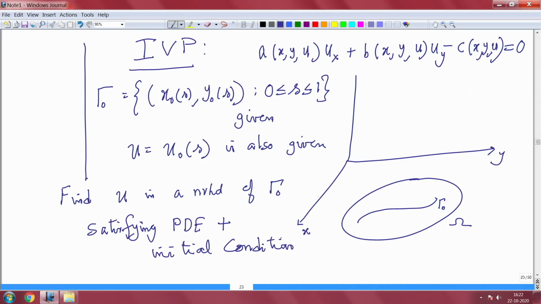Okay, so that is it. That is your initial value problem. Now how do you solve it?